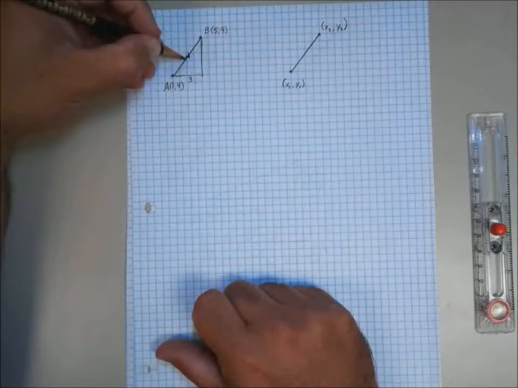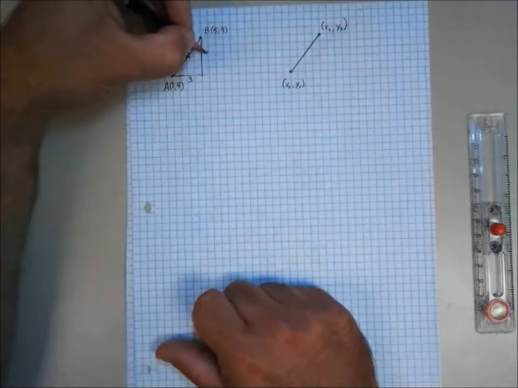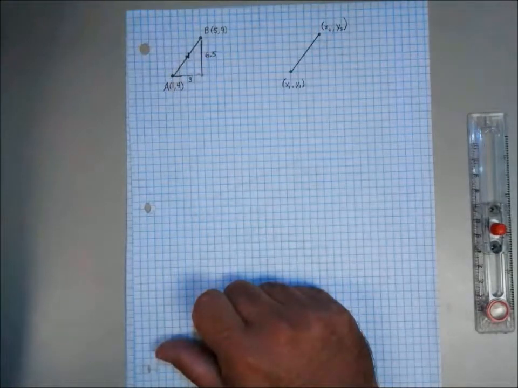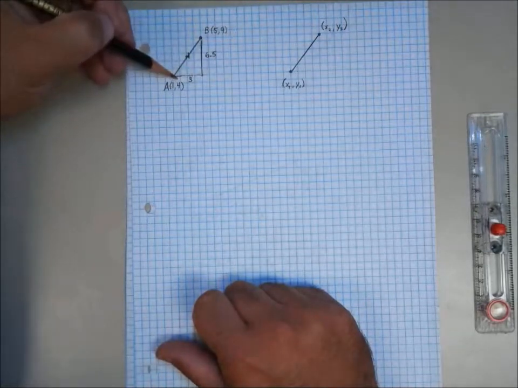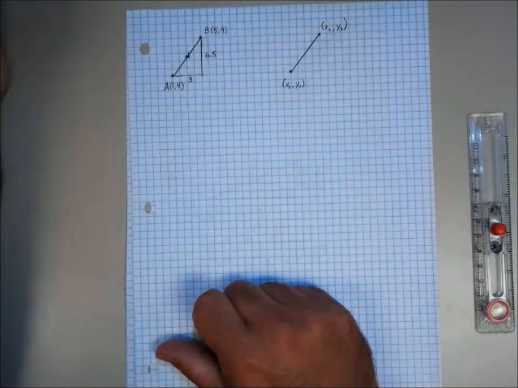So there's 2.5 this way. This goes 7, 8, 9. So this would be 6.5, because you'd have 2.5. This having a length of 4, there's 2 on each side. This having a length of 5, it'd be 2.5 on each side.